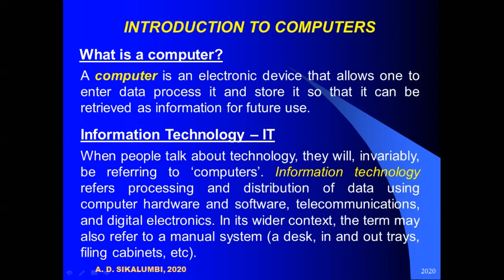So if you've got, let's say, an album with different pieces of music in that album, the album may be the folder. Then each item of music is the file. So we can have a folder for ICT, where you've got different documents.